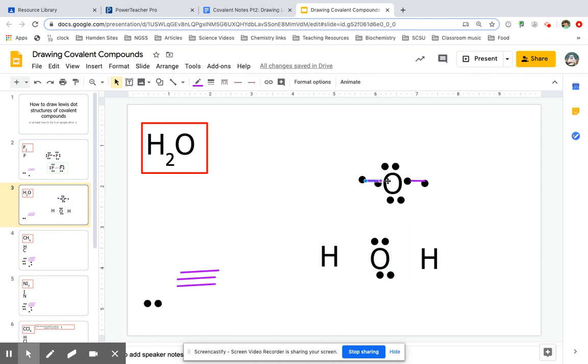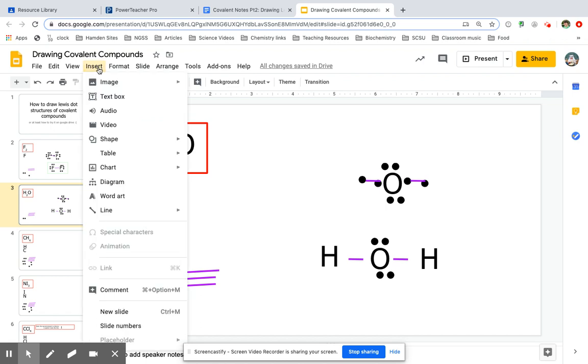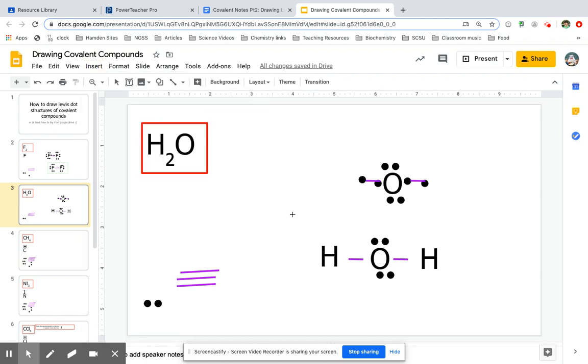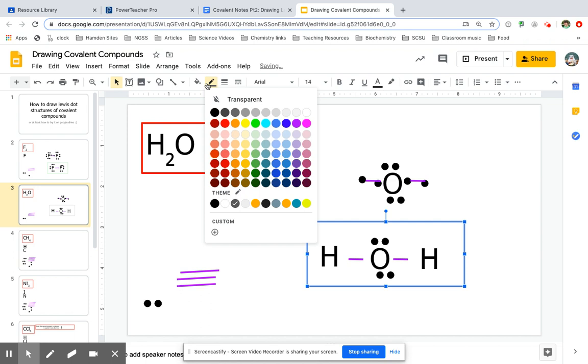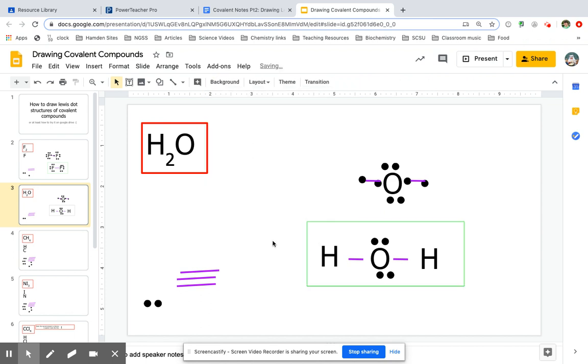And then I need 2 lines in the middle to show that my 2 hydrogens are connected with bonds. Here's my final structure. I'm going to insert another box, a shape, the box shape. Here's my final answer. I'm going to make it transparent so I can see through it and make my shape green. There's my final answer. Yay, H2O, we made a water molecule.